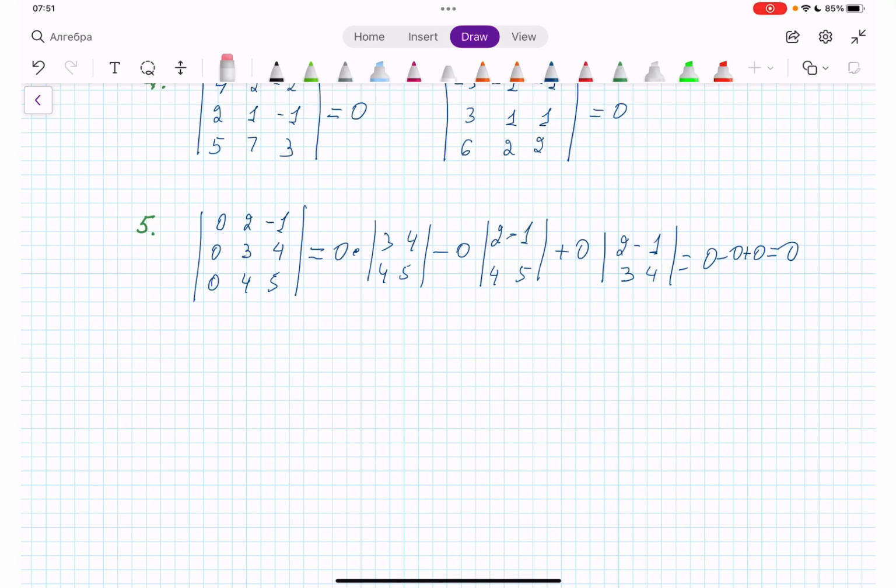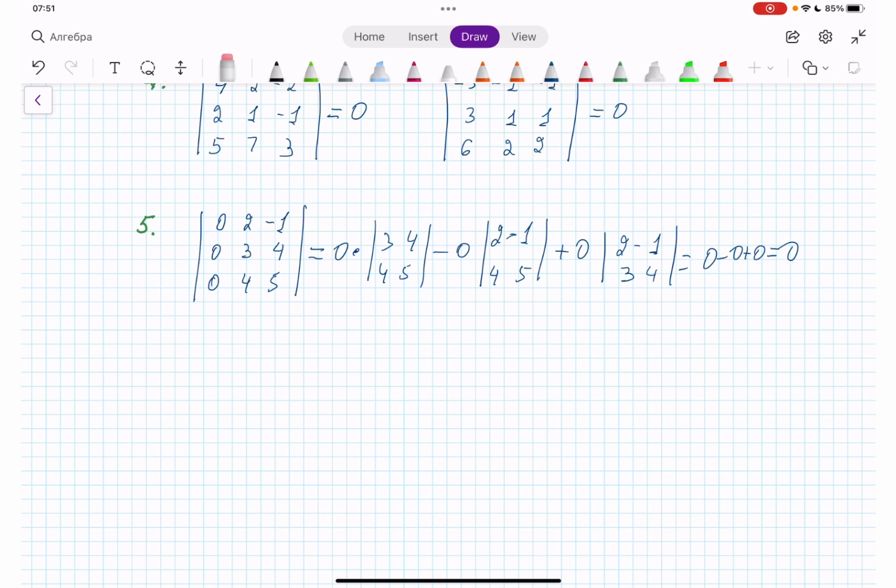Okay, these properties I covered are the ones that are useful to know. One more time: the value of the determinant does not change when transposed. Second, if you switch a pair of rows or columns, it reverses the sign of the determinant. Third, from a row or column of the determinant, you can take out a multiplier or common factor.